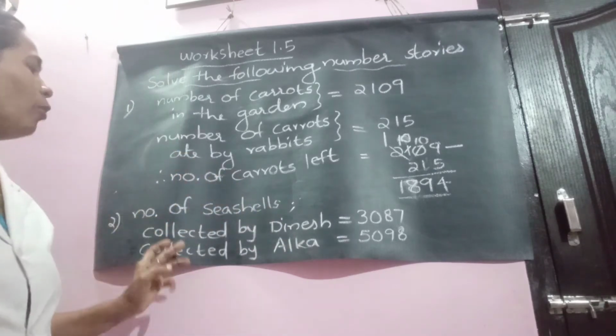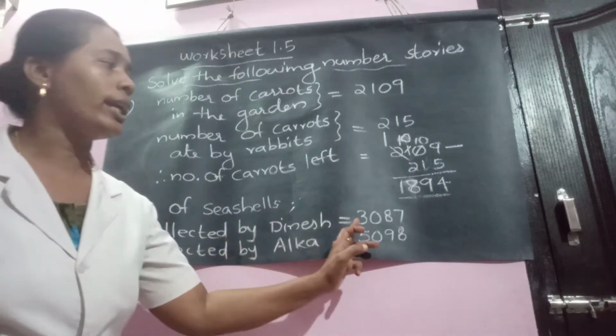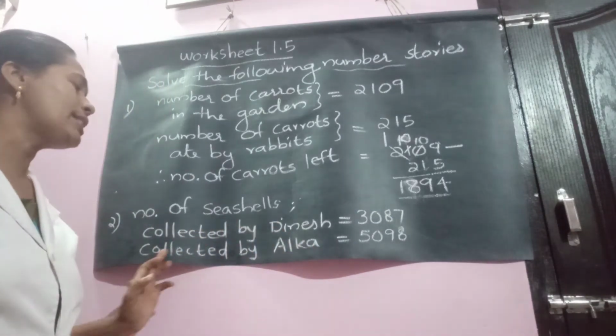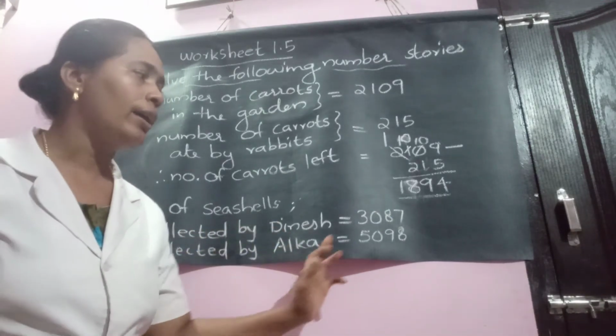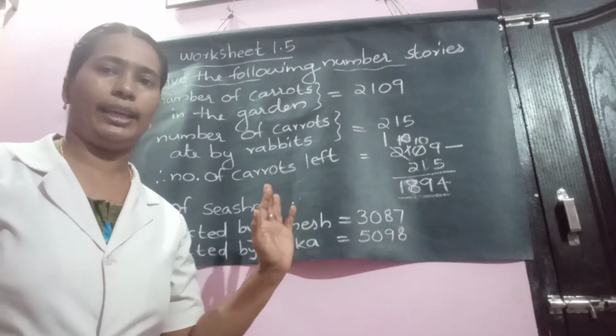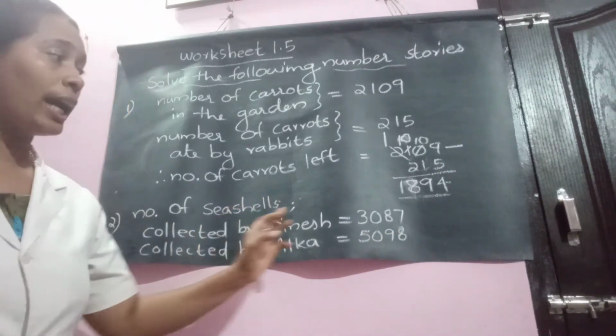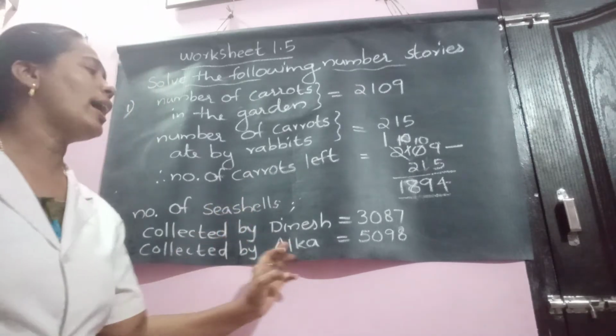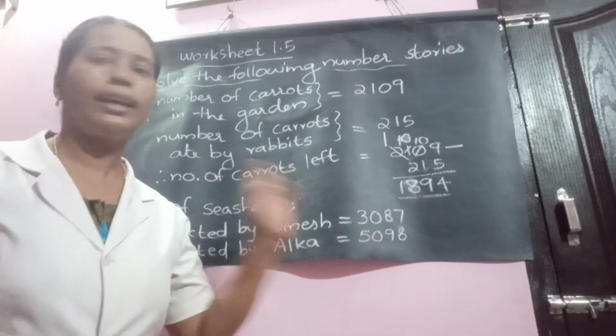Dinesh collected how many seashells? 3087. And how many seashells were collected by Alka? 5098.